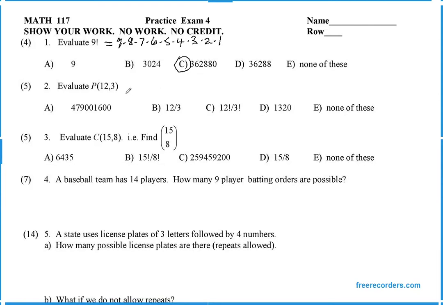Okay, next up we are evaluating permutations of 3 items from 12. So this is orderings of 3 from 12. Just remember, permutations take order into account, combinations do not.